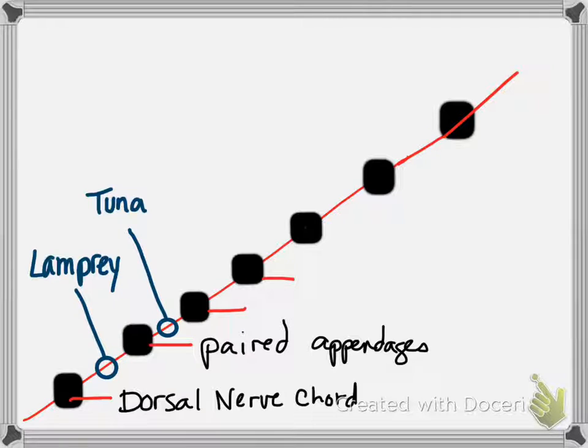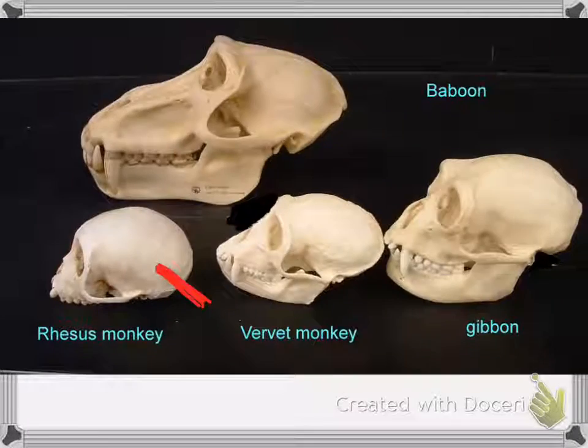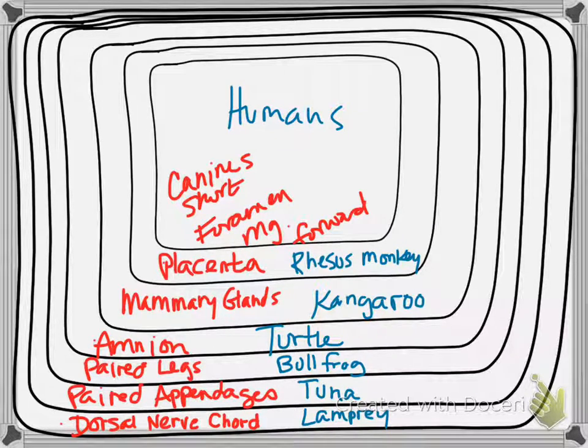So our next characteristic is the paired legs. Species with paired legs, paired appendages, and a dorsal nerve cord, but nothing else is what? The bullfrog? Yep.